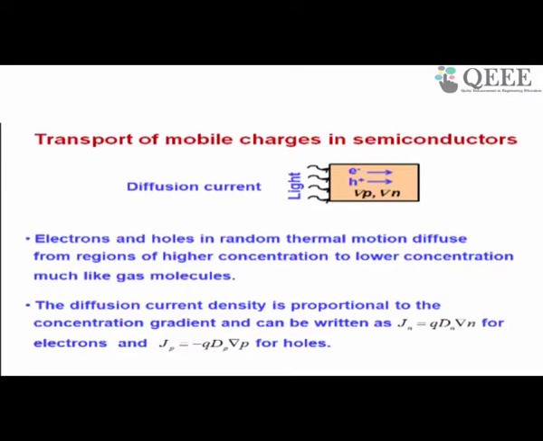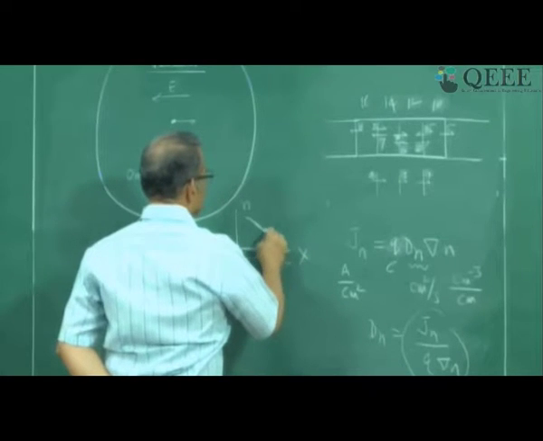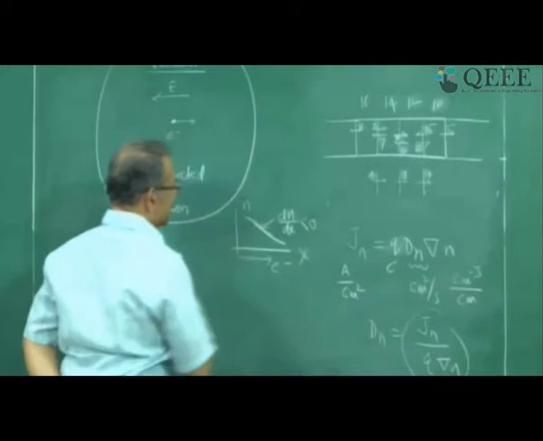Now for holes you see a negative sign here. For electrons there is no negative sign, but for holes there is. Why? This is because of the direction of movement of the charge and current, the relative things. So if electrons are moving like this, so if you have n versus x like this, then dn by dx is less than 0 in this case.